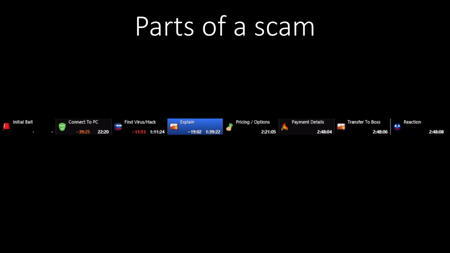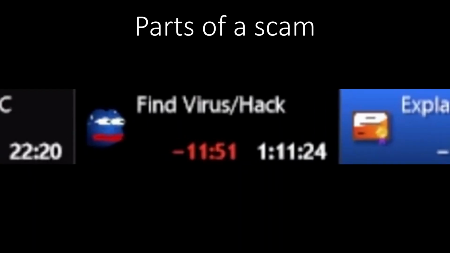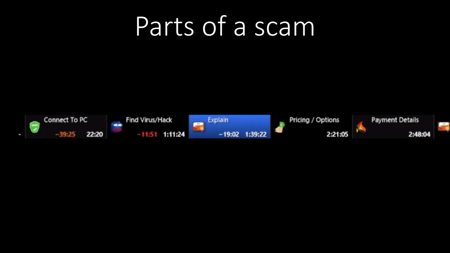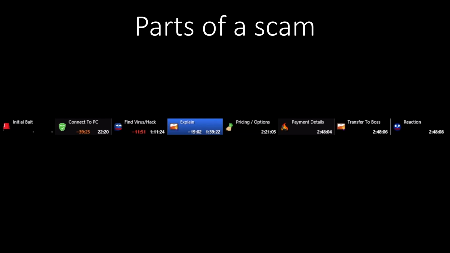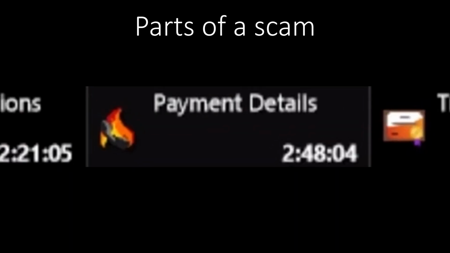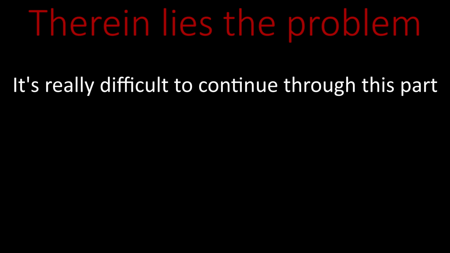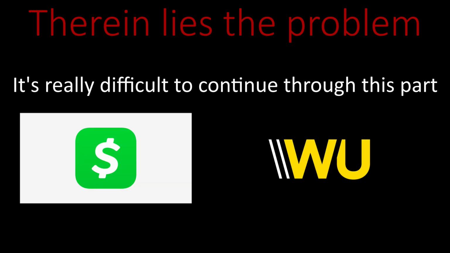If you think about the parts of a scam, usually you start out with being sold what they're trying to sell you, and then, at the final stage, they try to collect your payment from whatever methods possible. That, right there, is the gap. It's completely impossible or extremely difficult for us to spoof a bank account or a financial website like Cash App or Western Union.